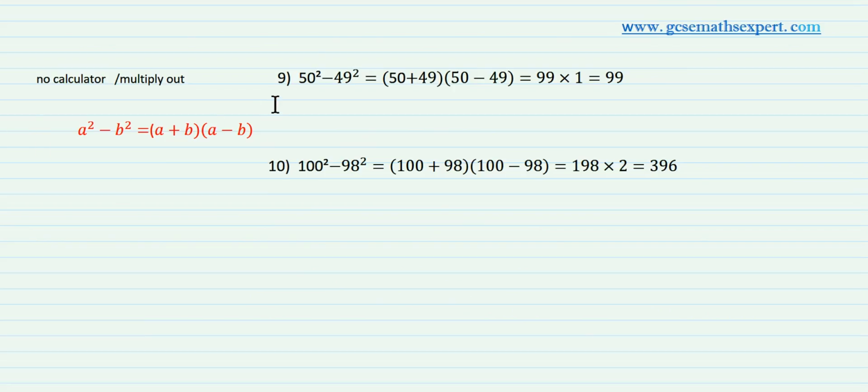These last 2 examples, in the exam, in the non-calculator part, they may ask you to multiply this out. Question 9, 50 squared take away 49 squared.